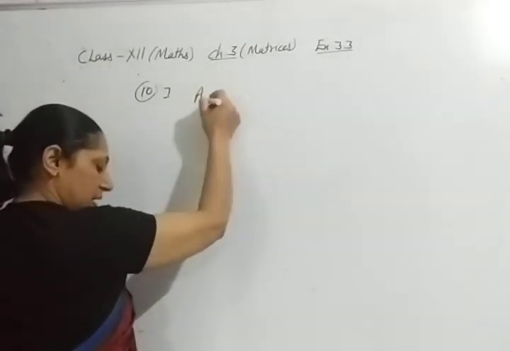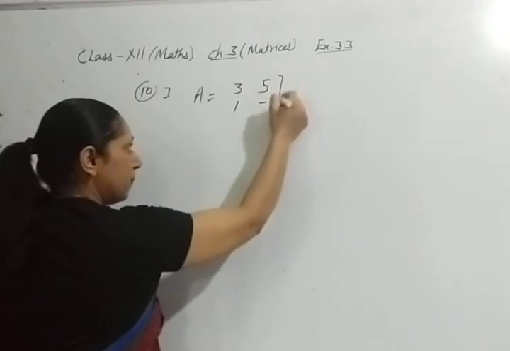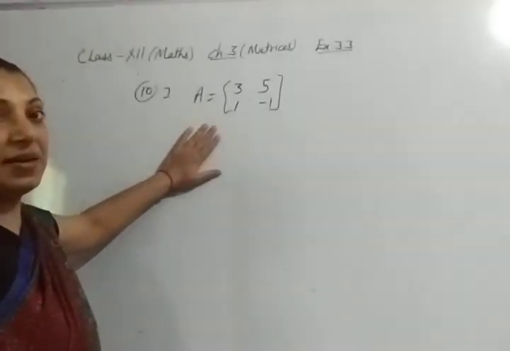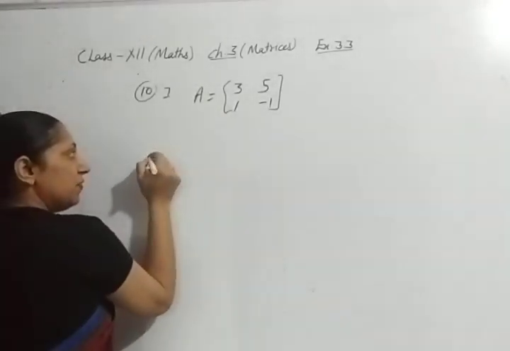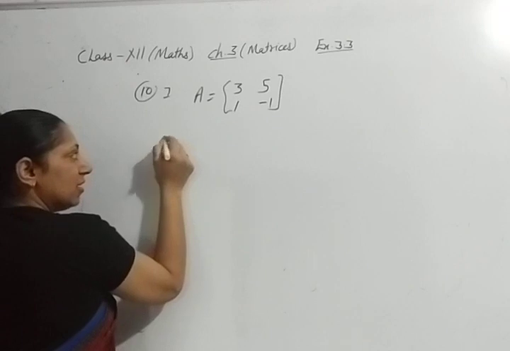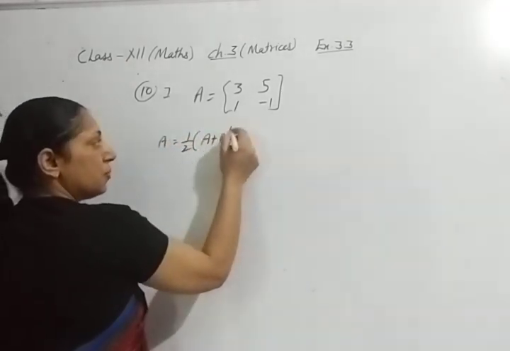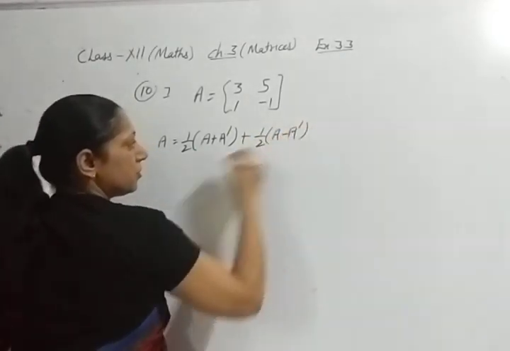Suppose A is a matrix that is 3, 1, 5 and minus 1. And we have to show this matrix as a symmetric and skew symmetric matrix. So it means we have to write A is equal to half of A plus A transpose plus half of A minus A transpose.